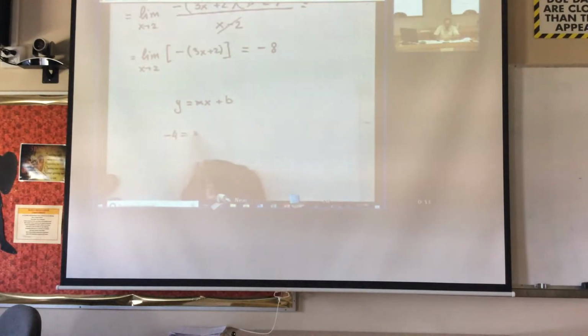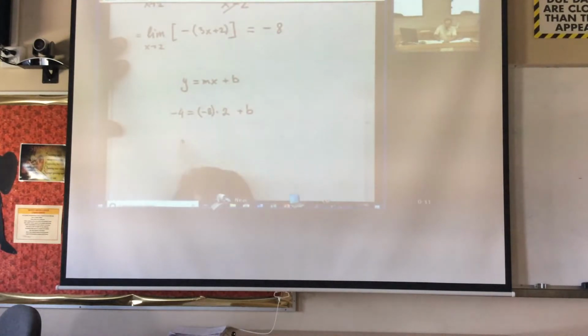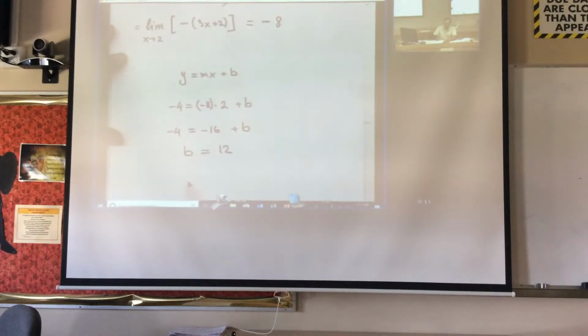This will be -8 as a slope, and then x is 2, plus b. Remember, when using slope-intercept form, the goal is to find b. If using point slope, it's just substitution. So we have -4 equals -16 plus b, so b will be 12. So the equation of the tangent line will be y equals -8x plus 12.